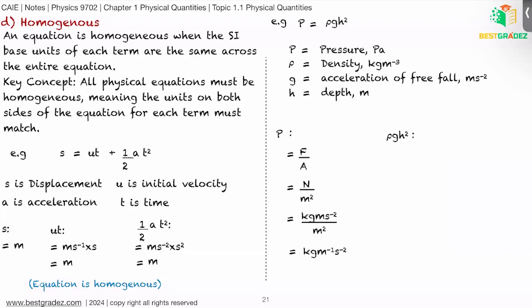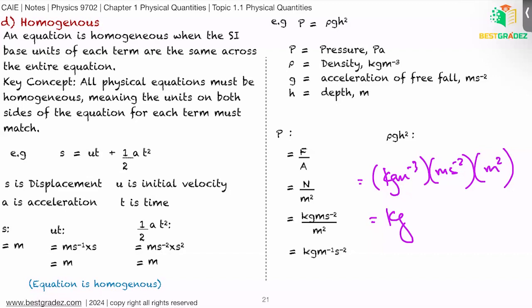So left side we get this, rho g h कर देते हैं. Density is kg m^-3. Gravitational field strength, the acceleration of free fall is m s^-2 and height is m^2. ठीक है? इसको अगर हम सिंप्लीफाई करेंगे, what do we get? kg तो एक ही है, m^-3 and then m^3.